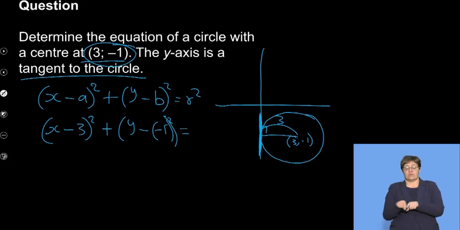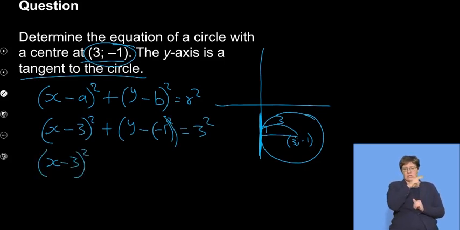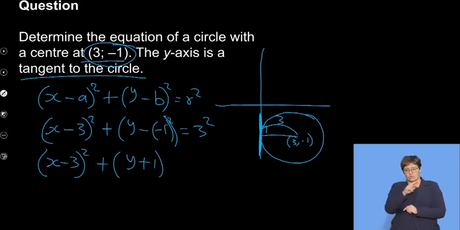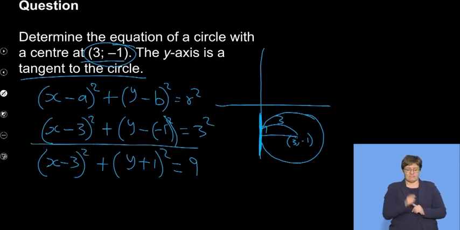And this is equals to, remember we said our radius is 3 squared. And this becomes x minus 3 all squared plus y plus 1 all squared is equals to 9. And then you would have found the equation there.